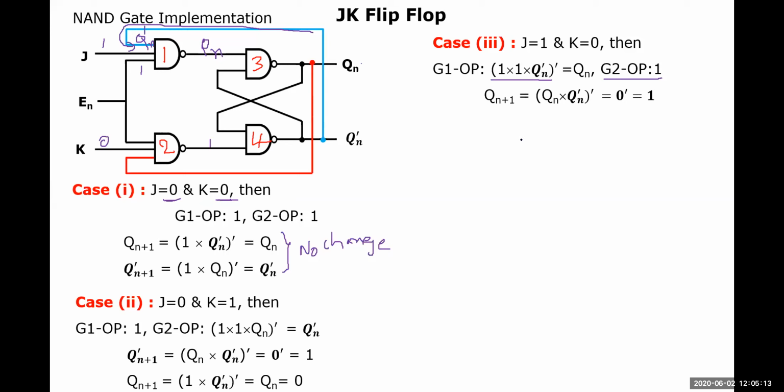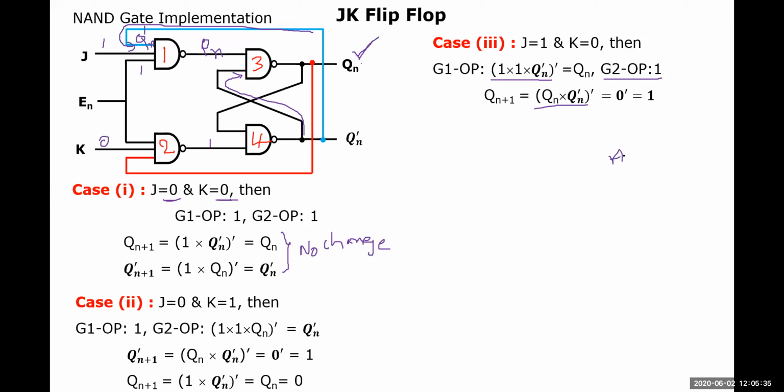Now, what exactly are you supposed to consider? In this case, we have to evaluate this one first. If you evaluate this, one input will be Qn into the second input. I am propagating this input to here. So Qn into Qn complement whole complement. Look at this: Qn into Qn complement, whole complement.